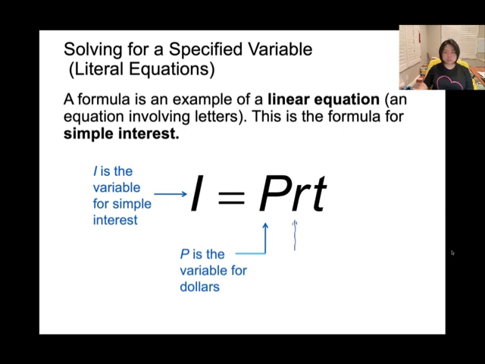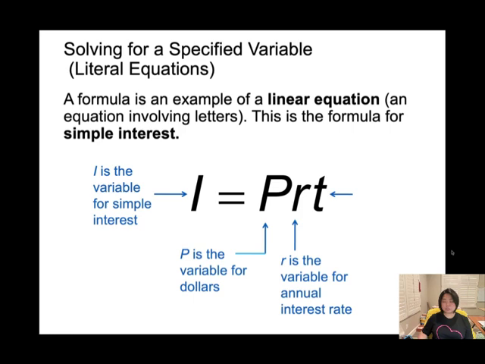And then the R is the interest rate. What is your interest rate here? And the T here represents how long you deposited the money in the bank. The unit for this T is years. You could put 1 year, 2 years, or 3 years. Let's say you only put in 6 months, so the T is going to be 1/2.